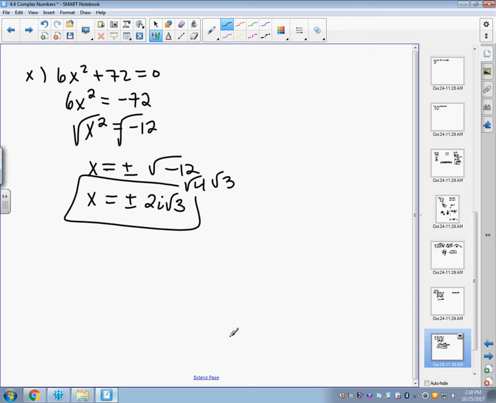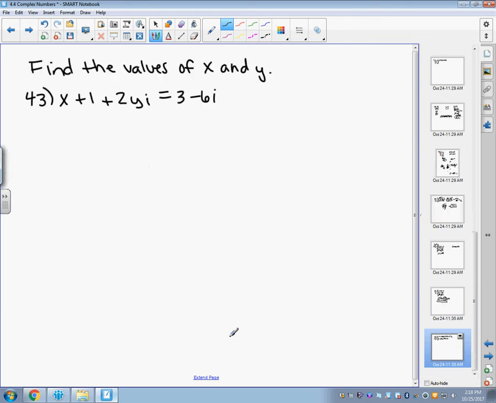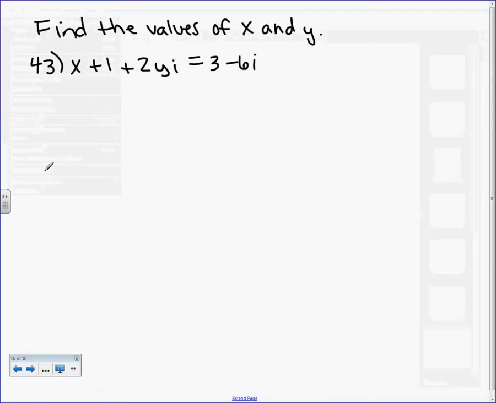Let me show you how to do the last one because it's actually pretty easy. Find x and find y, right? So what we're going to do is set the imaginary numbers equal and the non-imaginary numbers equal. So what do you think the imaginary numbers would be?